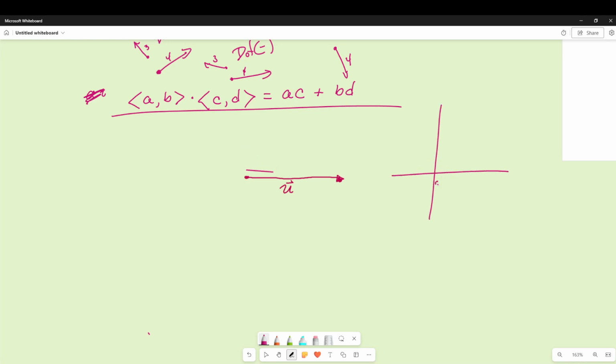When the angle between them is 0, we get 100% of the product of the magnitudes. And then as we get towards 90 degrees, it becomes 0.